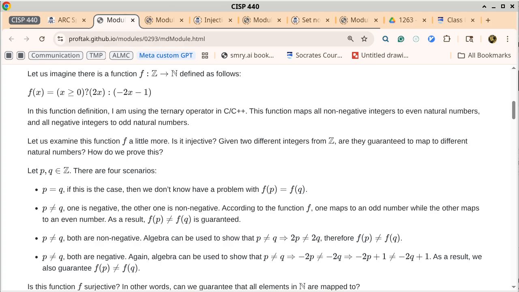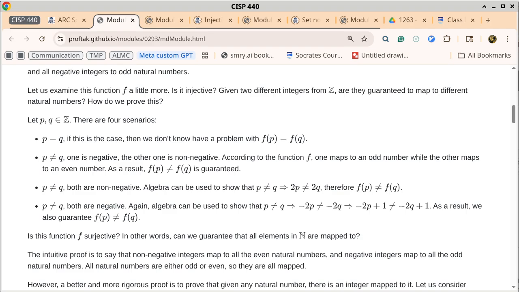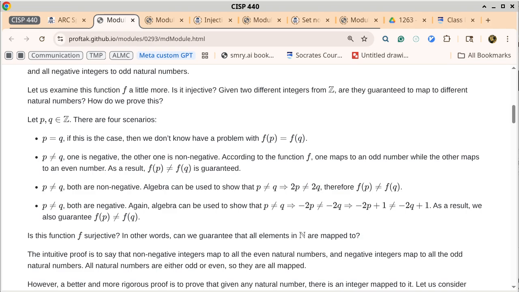Right. So we are now looking at the properties of this particular function. What this is going through is to prove that f is injective, and the next question is, is it surjective? That means, do we guarantee that all elements in N are mapped to?